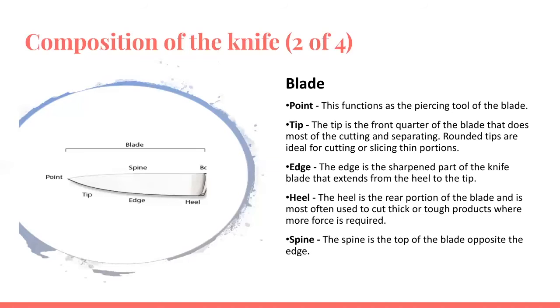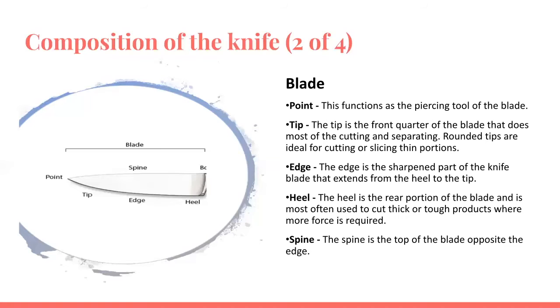Next is the tip. The tip is the front quarter of the blade that does most of the cutting and separating. The rounded tips are ideal for cutting or slicing thin portions. So personally, I use this tip more than the edge when I cut food, especially vegetables.